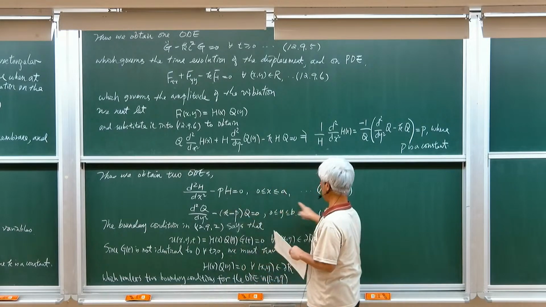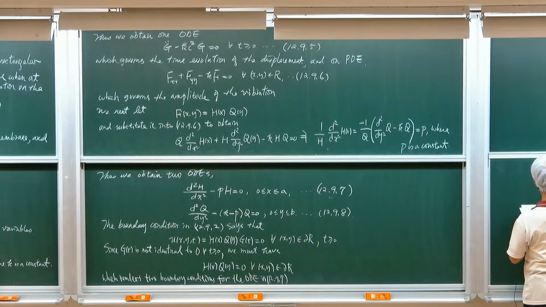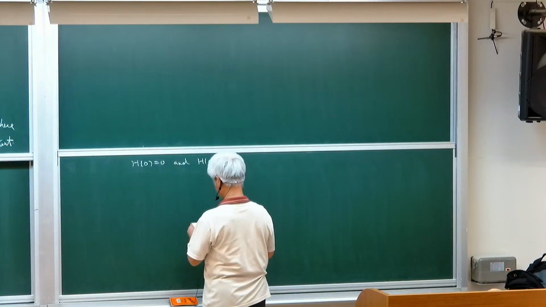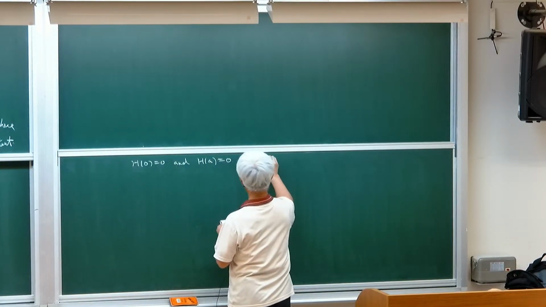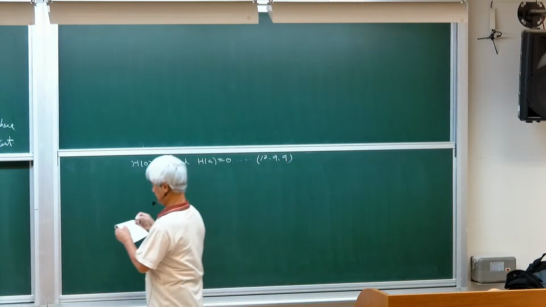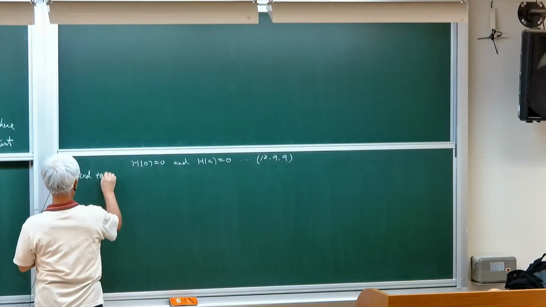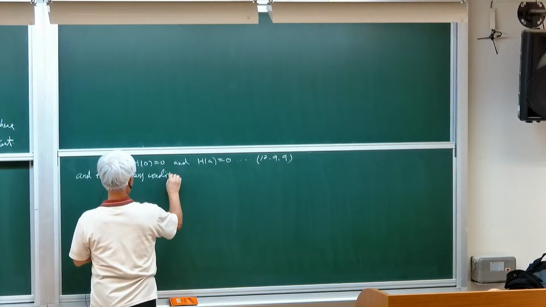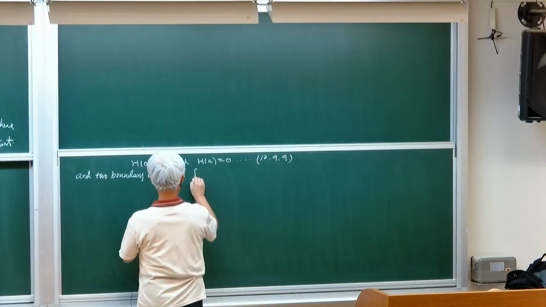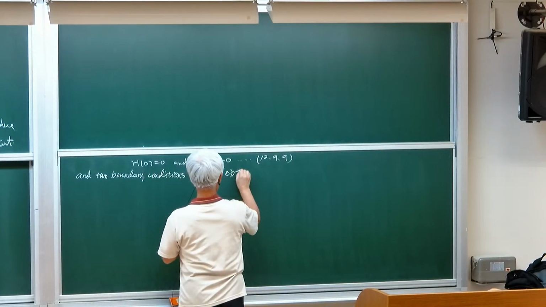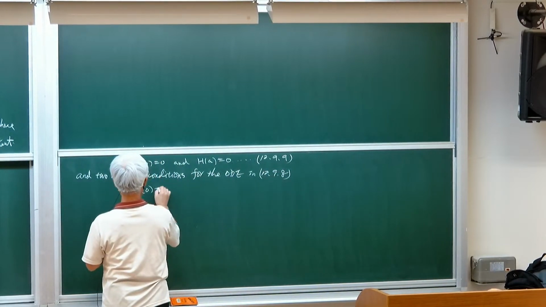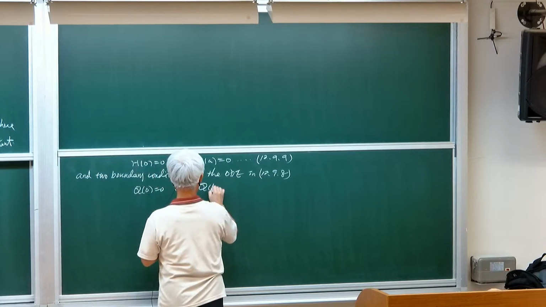Okay, for this ODE, what this means is that h of 0 is 0 and h of A must be 0. So this is 12.9.7, and the two boundary conditions for the ODE in 12.9.8: q of 0 is 0 and q of B is 0.